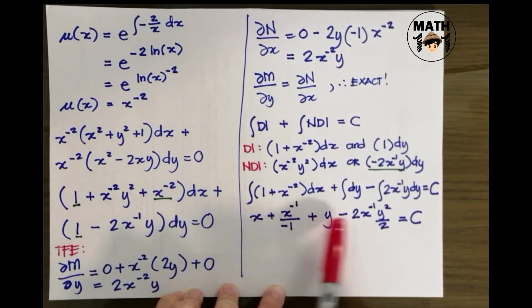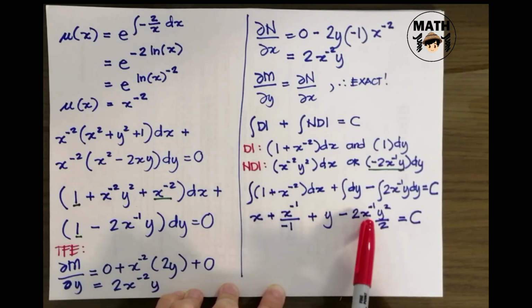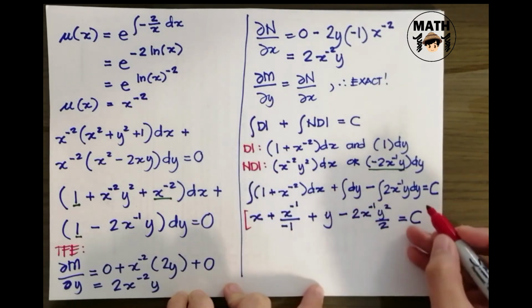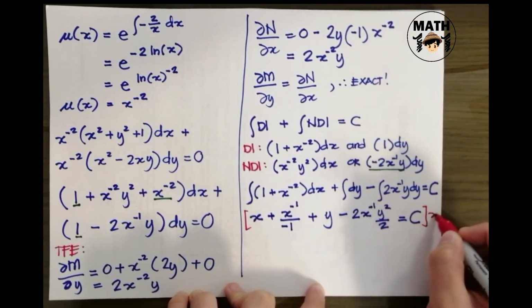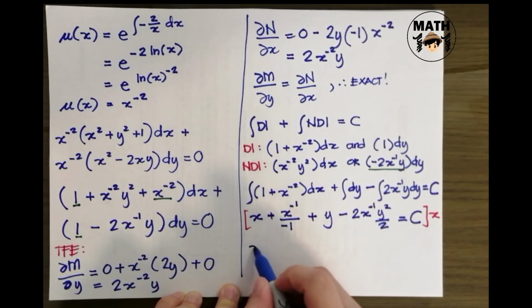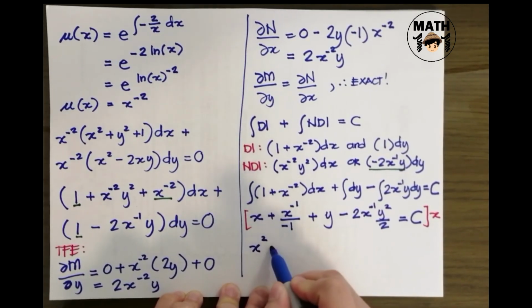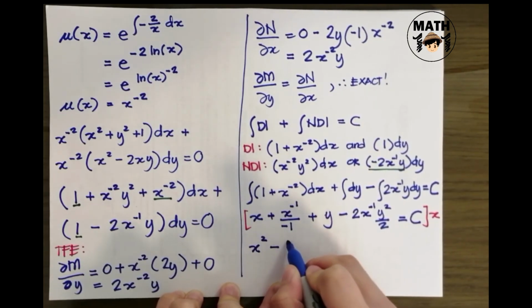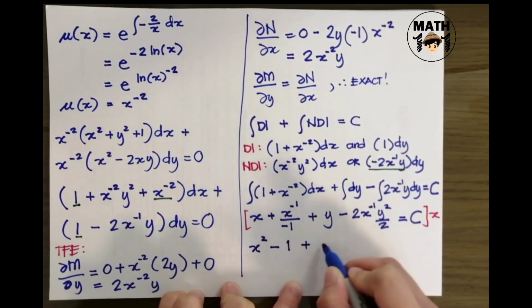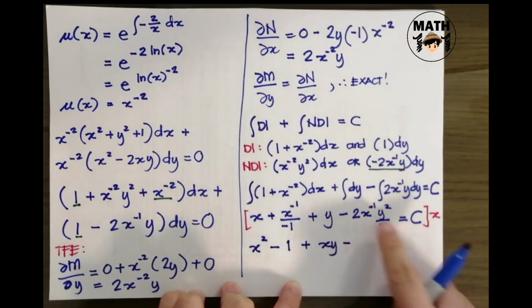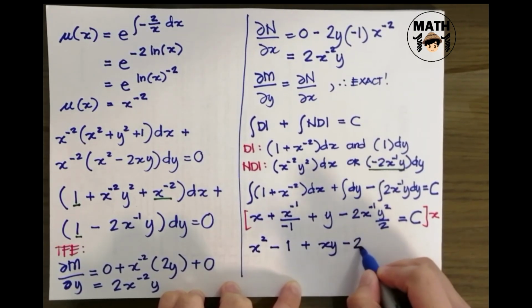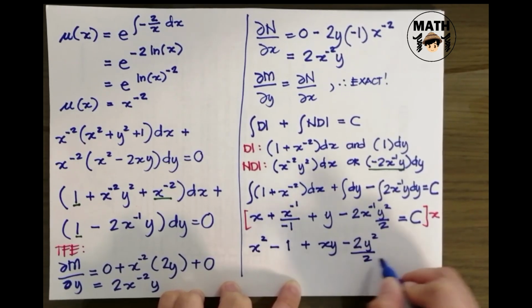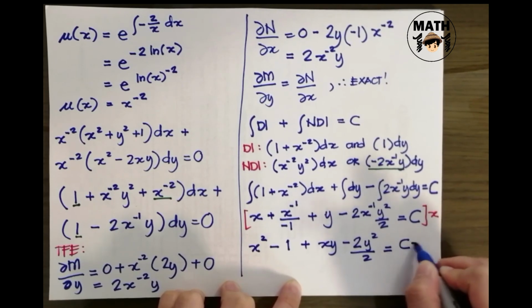Simplify natin ngayon yung equation natin by multiplying the whole equation by x kasi meron tayong negative exponent and we usually write the answer with positive exponents. X times x is x squared. This will be minus x raised to negative 1 times x is 1 plus xy minus 2 y squared over 2 equals cx.